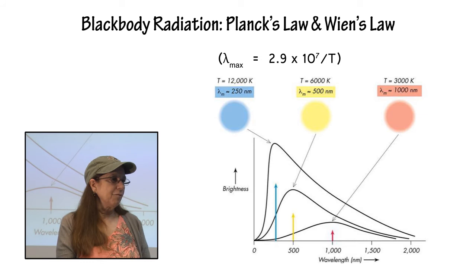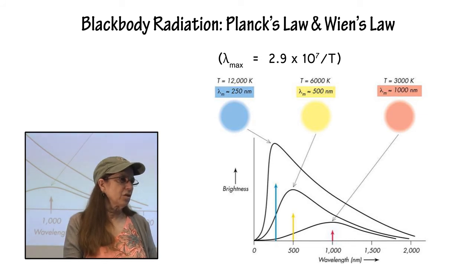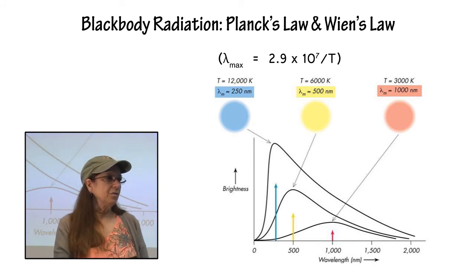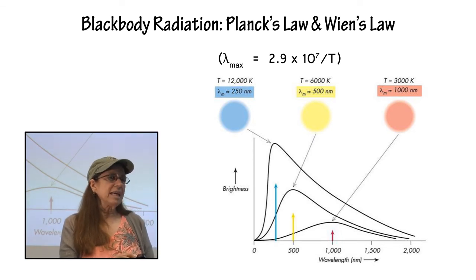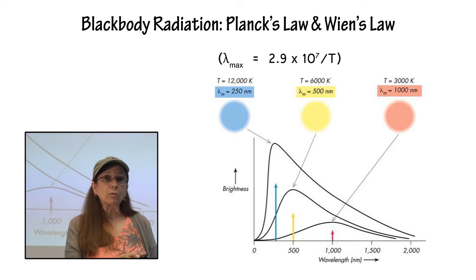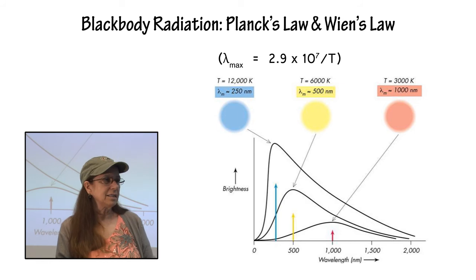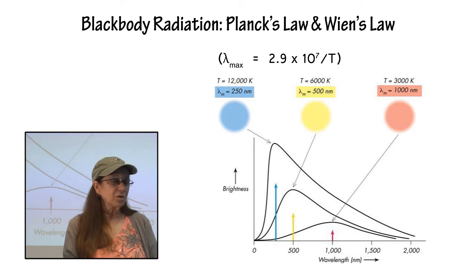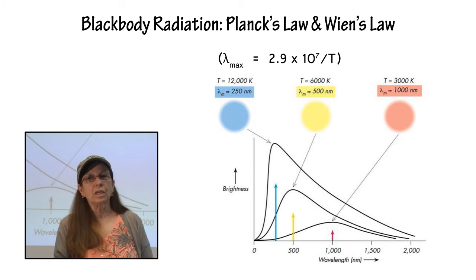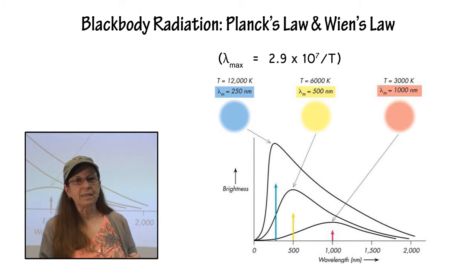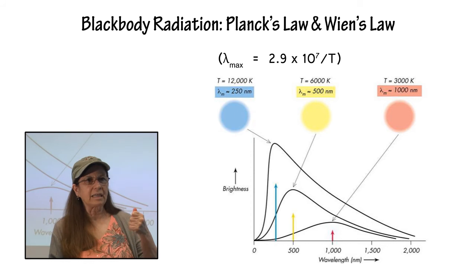So you have, for instance, the blue star with a temperature of 12,000 K, and the relationship to determine the maximum wavelength is: the peak wavelength that every star produces is equal to 2.9 times 10 to the 7 divided by T. Okay? T is the temperature. So if you know the temperature, you know exactly what wavelength is the maximum output wavelength for that individual star.